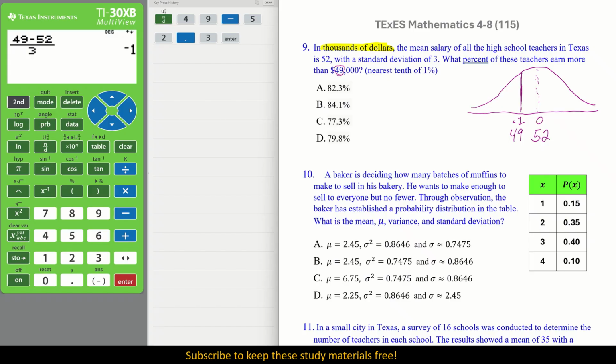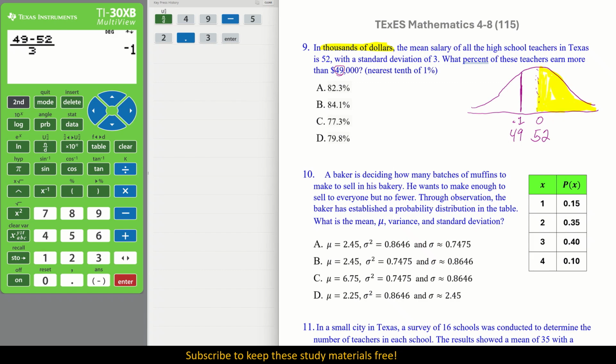So it's just to the left. But what does the question say? What percent of these teachers earn more than that? So what we need is this. We know that, let me use my highlighter here, this is 50%, right?